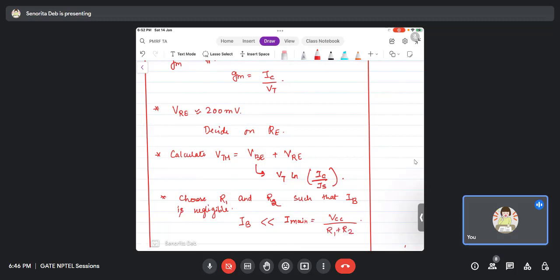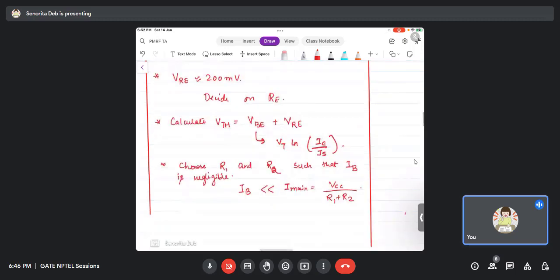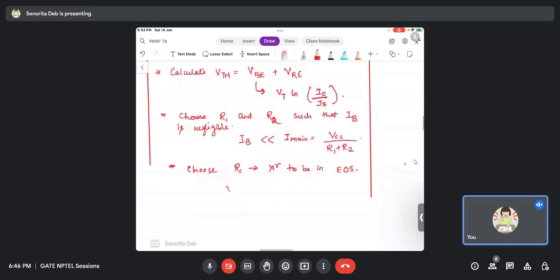Now once this is chosen, from the rest of the knowledge of the circuit, choose RC, which is defined by the transistor being at the edge of saturation. So you will have to make sure that your transistor's VCB is greater than 0, that is VC minus VB is greater than 0. Now VC is nothing but VCC minus ICRC.